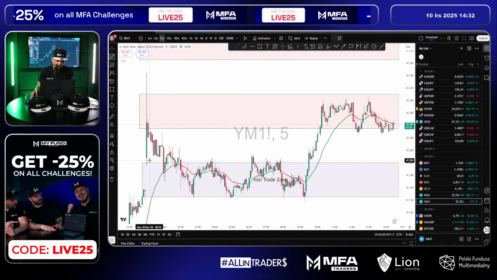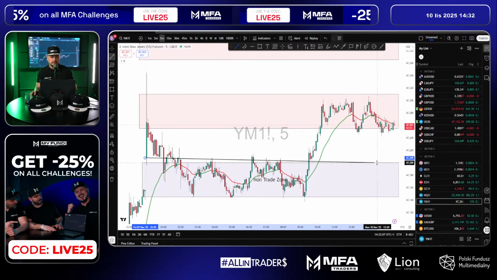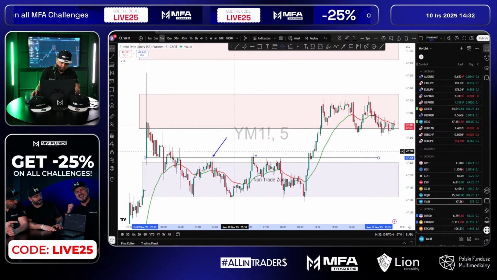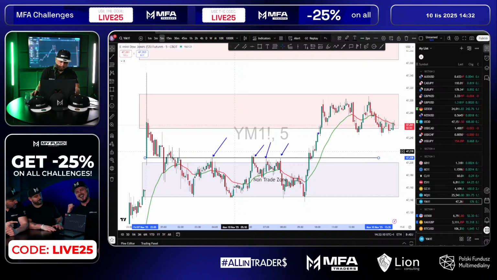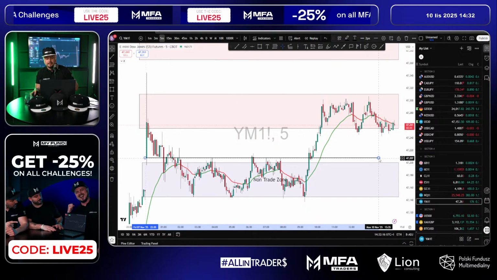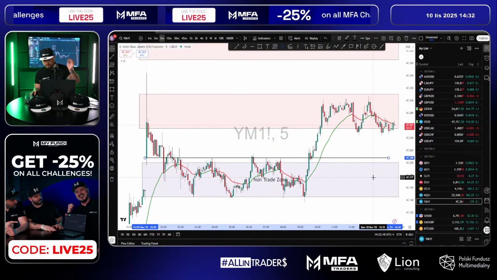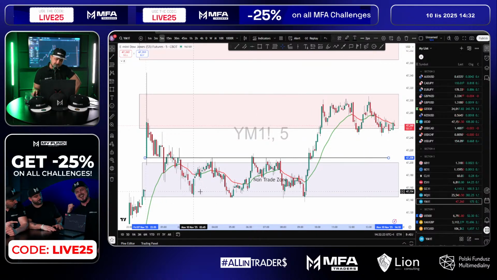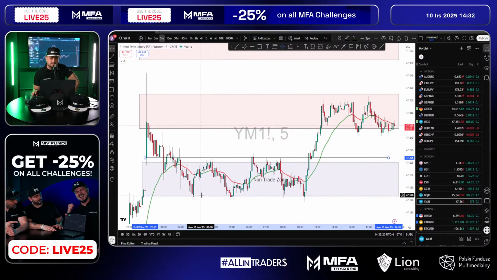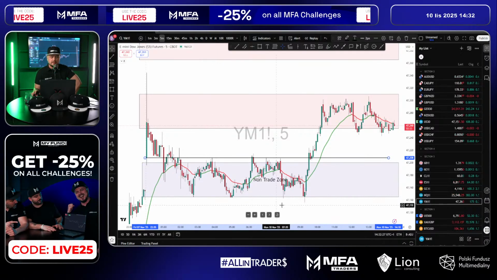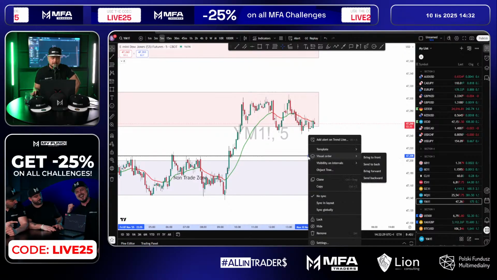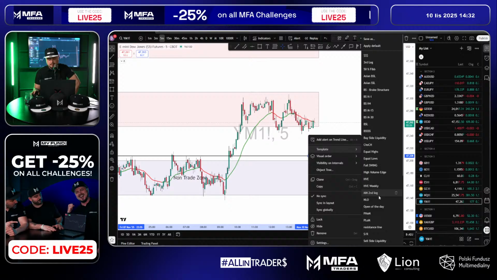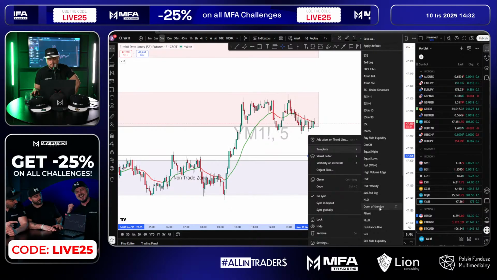I'm going to mark the open of the day. It might be important, especially as we can see reactions just in point. We can see these reactions at the open of the day. Nice. I would prefer to see this zone somewhere lower, close to the other side of the non-trade zone, but it is what it is. It might be a little bit tight, but we'll see. We are looking for the open of the day.